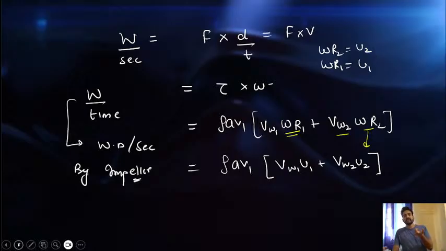What we take in mass flow rate is rho A V, so the area must be the one in which the mass is flowing. If we take the wheel area, we include the area occupied by the blades also. Is it clear to you?